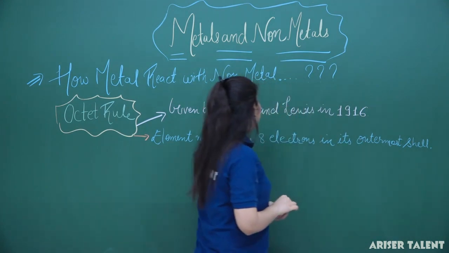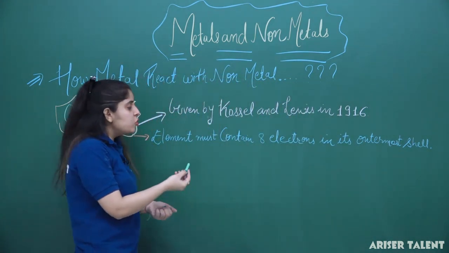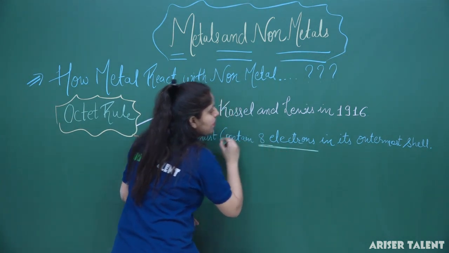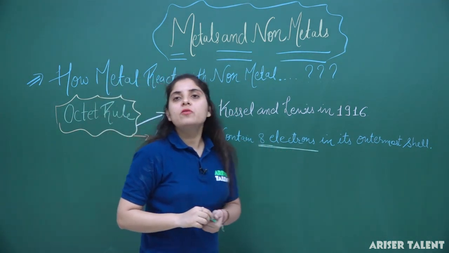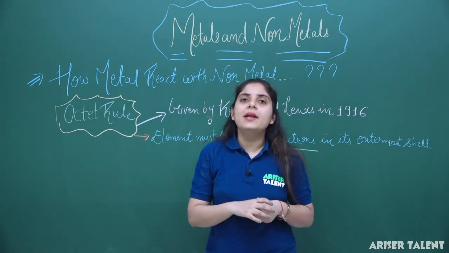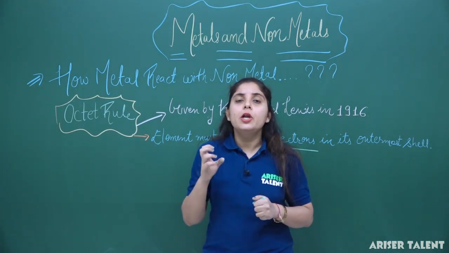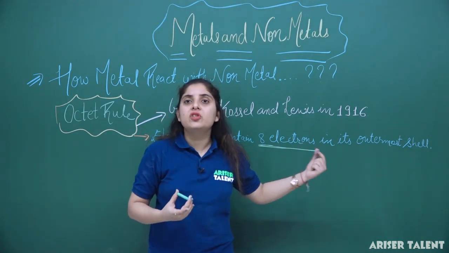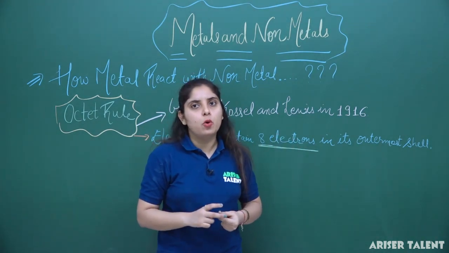So if 8 electrons are present in the outermost shell of an atom, we can say that its octet is complete. Completion of the octet leads to the chemical stability of the atom. So to judge the chemical reactivity of the metal, we have to check whether its octet is complete or not.